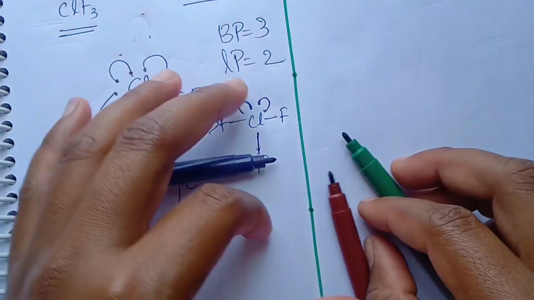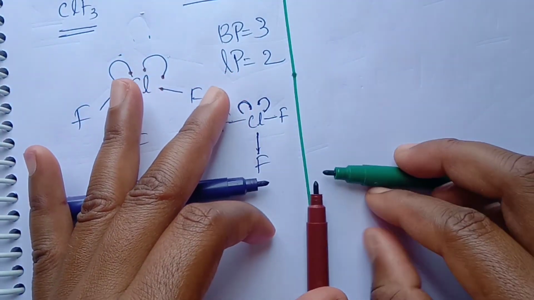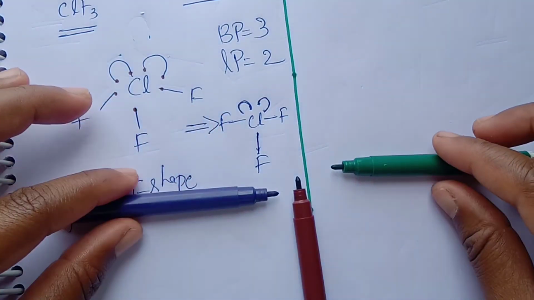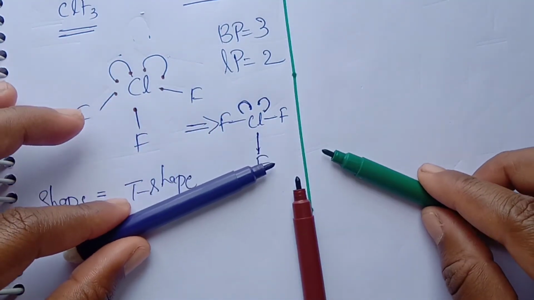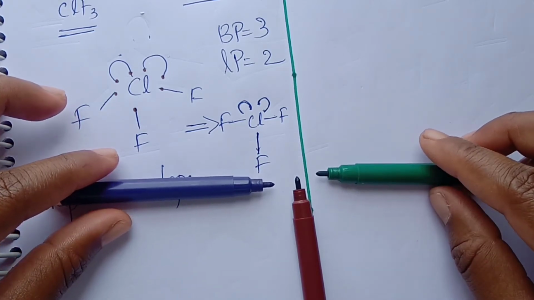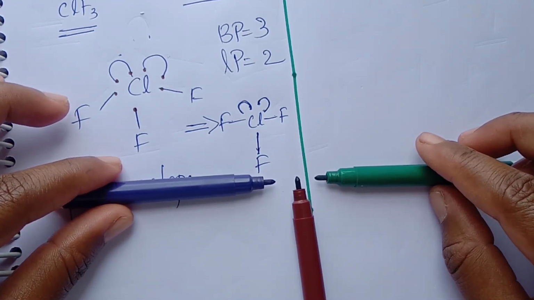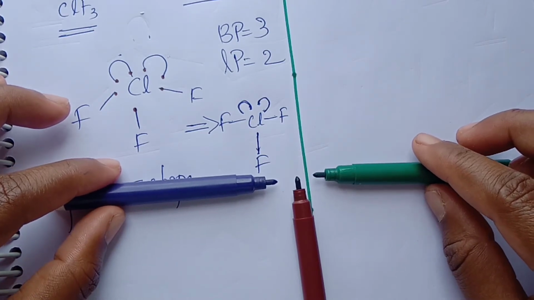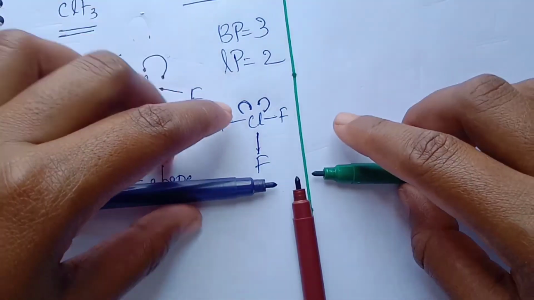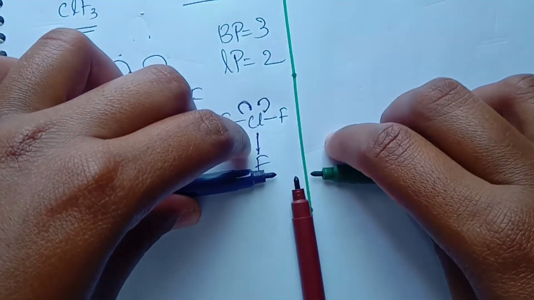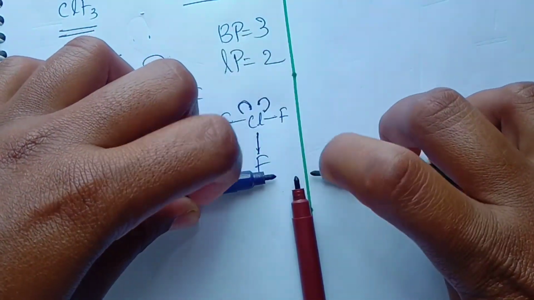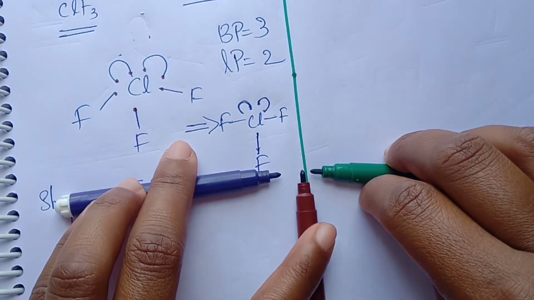Okay, here, if 2 fluorines are present like this, they form the T shape. Here the 2 lone pairs are present and they repel, and some of the repulsion is absorbed by this bond pair.